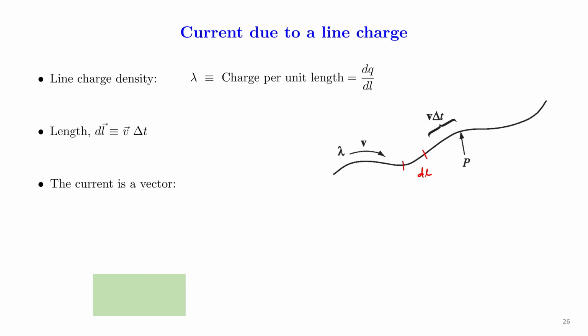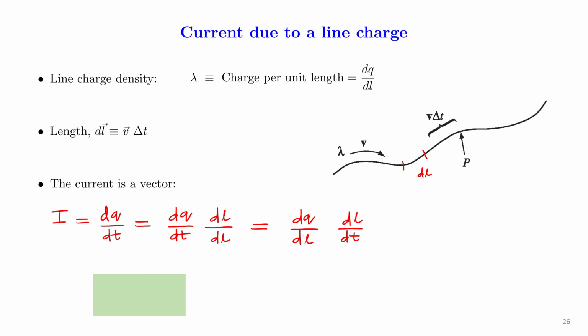We can show that the current through such a configuration is a vector quantity. We have I is dq over dt, and this is equal to dq over dt multiplied by dl over dl, and that is equal to dq over dl, then dl over dt.